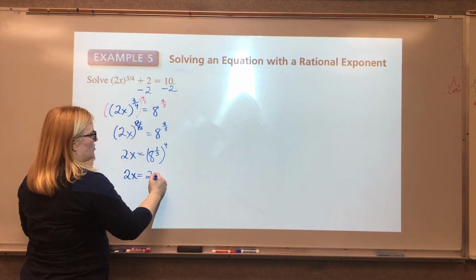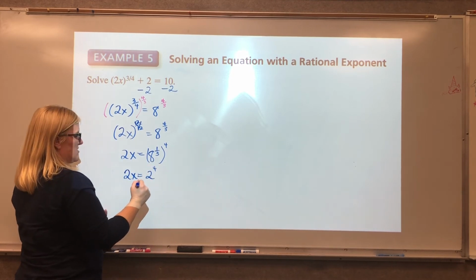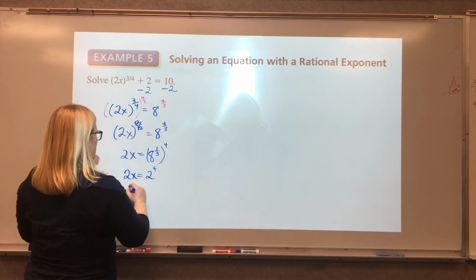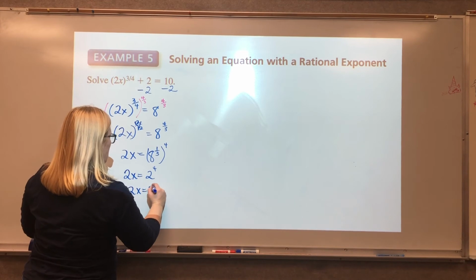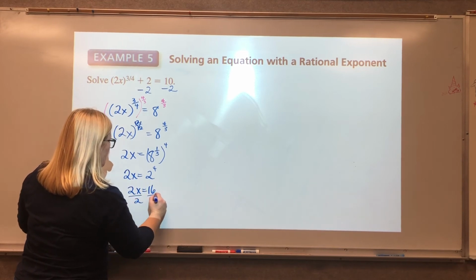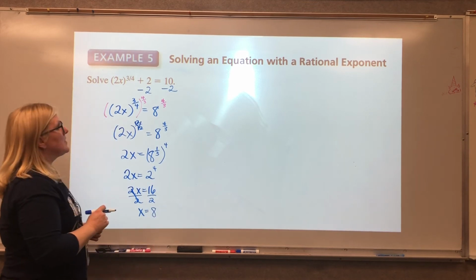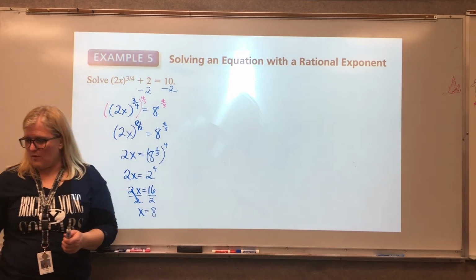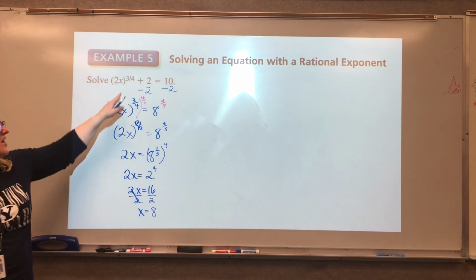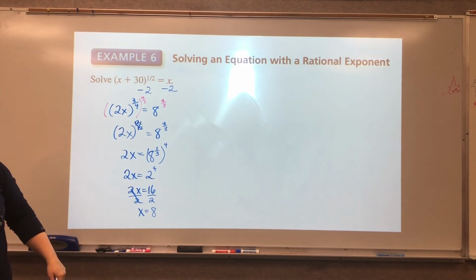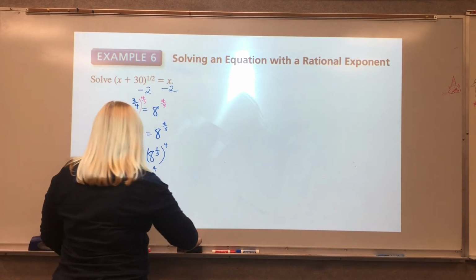Okay, and 2 to the 4th is 16, right? Yeah. 2x equals 16. Divide by 2, and x equals 8. So that is the answer for that one. So the key here is to multiply this by its reciprocal. Okay, so let's look at another one here.